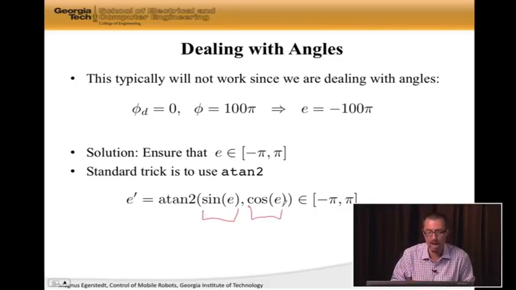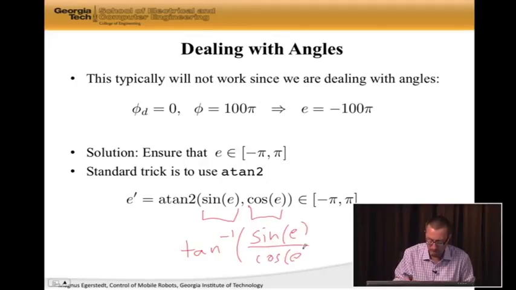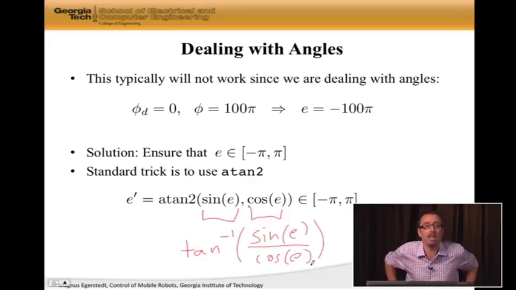So this is the same as saying that we're really doing arctan, so I'm going to write this as tan inverse of sine E over cosine E. But arctan, or tan inverse, it's not clear what that always returns, but with arctan 2, where you have a comma in it, you always get something that's within minus pi and pi.